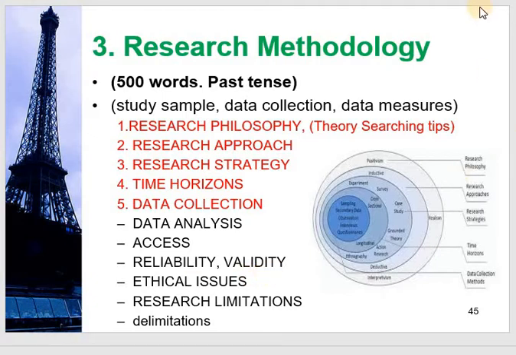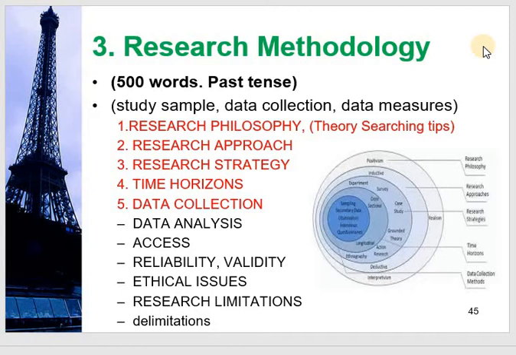In research methodology, you will use past tense and you will write 500 words. I have mentioned the research onion. This is very important and it has been used by different scholars, and I have also used the same method in my research. There is research philosophy.